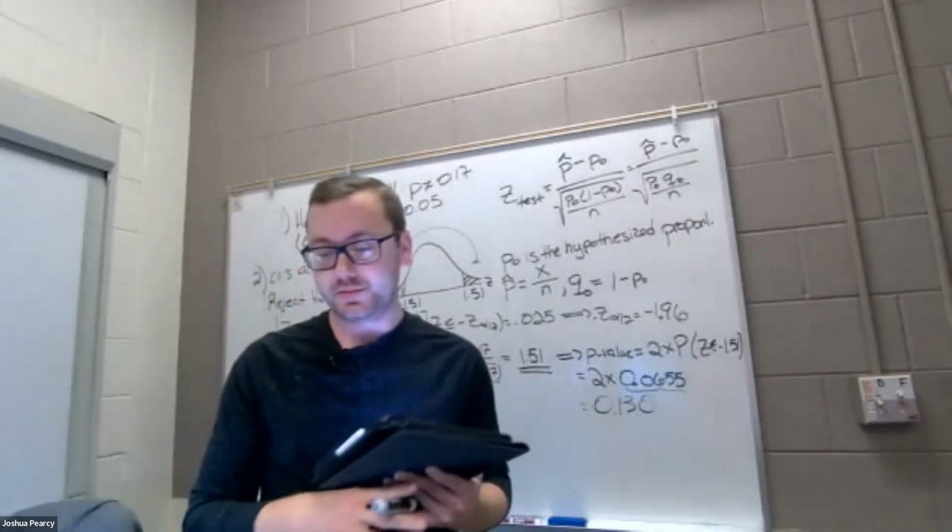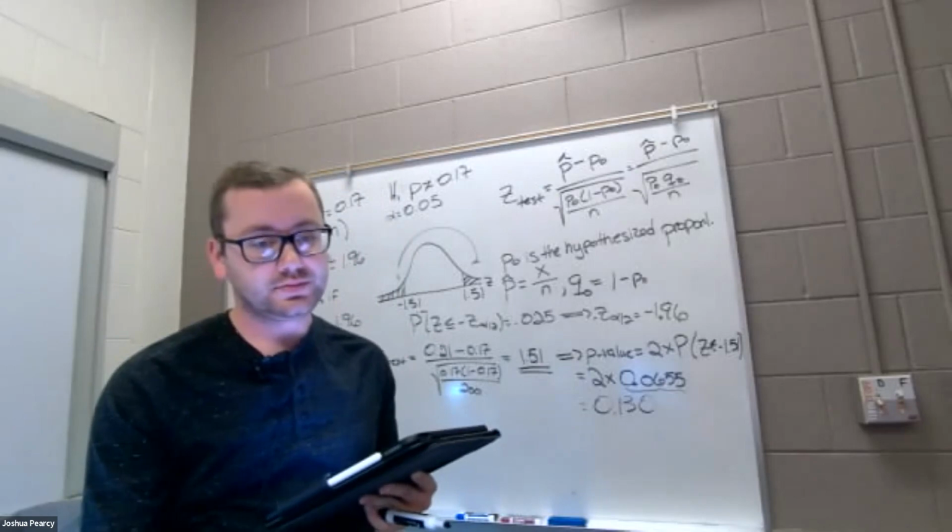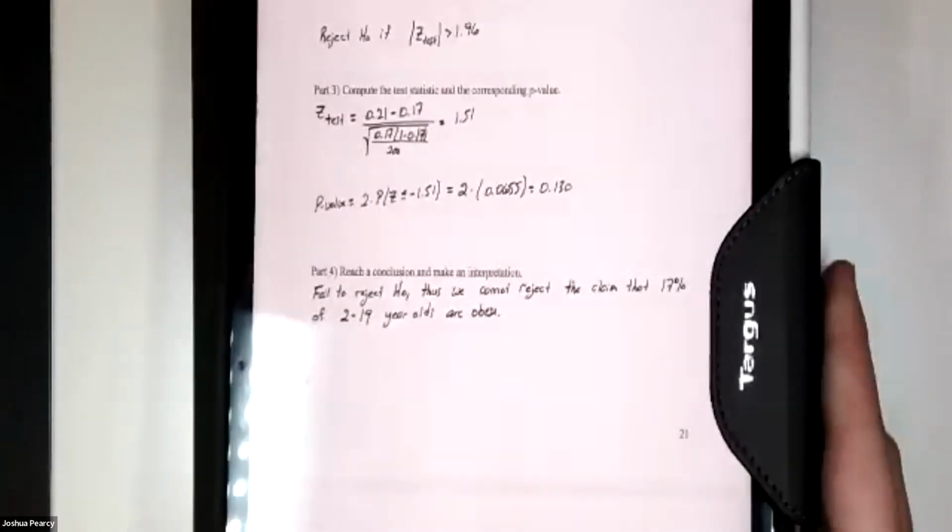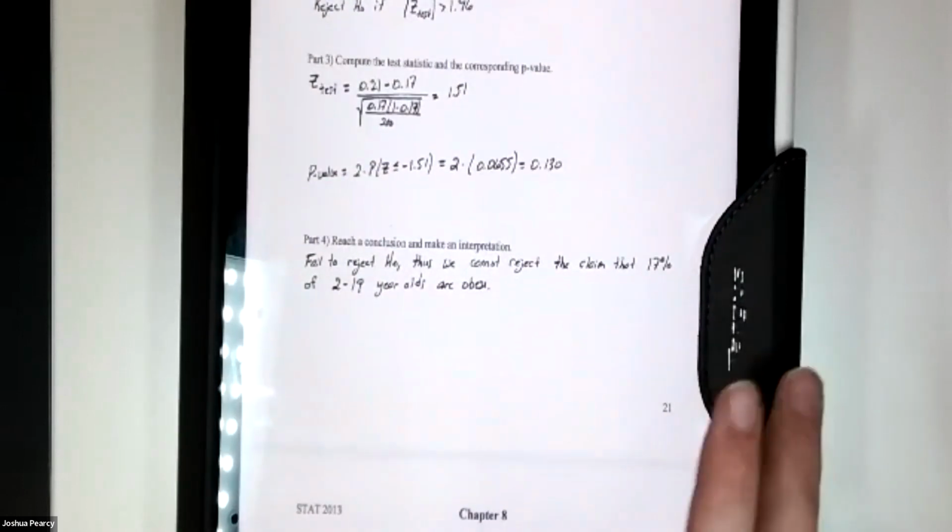And what can you conclude? Since the p-value is greater than 0.05, we fail to reject the null hypothesis, and thus we cannot reject the claim that 17% of people aged 2 to 19 years old are obese. Something like that. Is everyone okay with how we did that one?